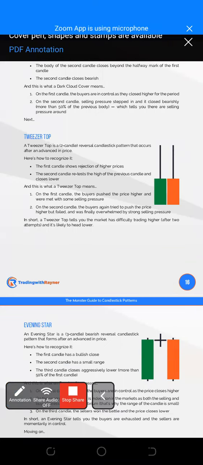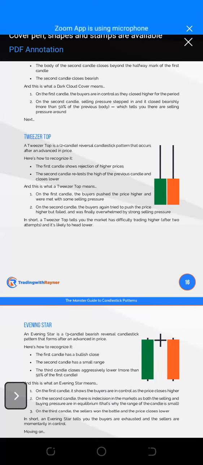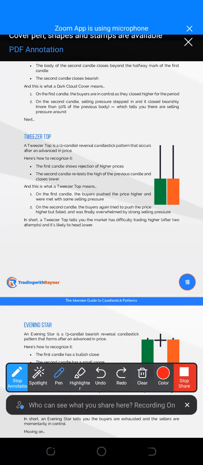Now, when you are to interpret this, you say a tweezer top tells you that the market has difficulty trading higher. When you see trading higher here, they are telling you that it has difficulty going up. It has difficulty of what? Buying pressure. That's what they mean by difficulty in trading higher. There was a place they used "advanced in price" earlier.